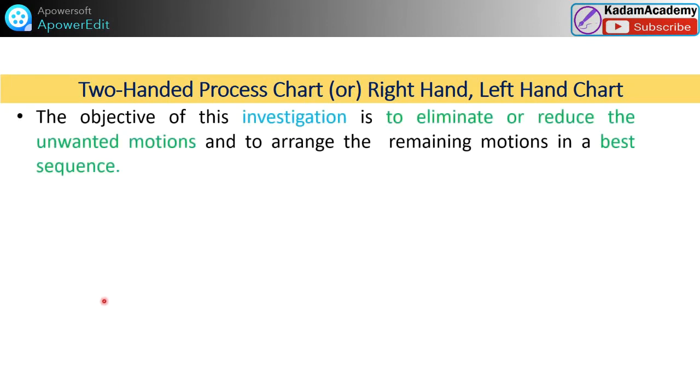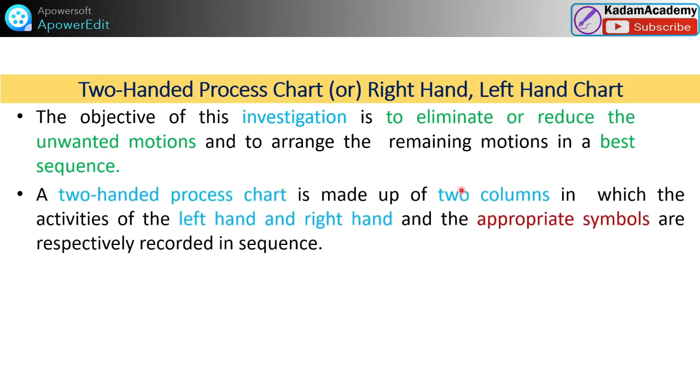So friends, what is the objective of this two-handed process chart? We do the investigation to eliminate or reduce unwanted motions of the hand and to arrange the remaining motions in the best sequence. This chart is made up of two columns in which the activities of the left hand and right hand and the appropriate symbols are recorded respectively in sequence.